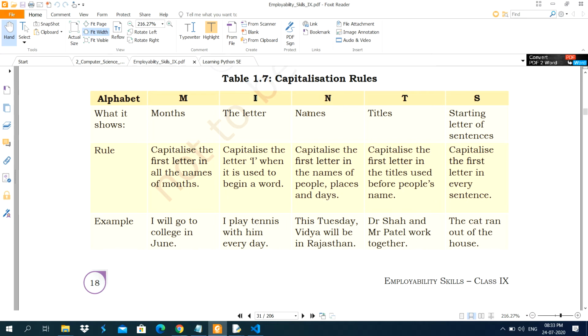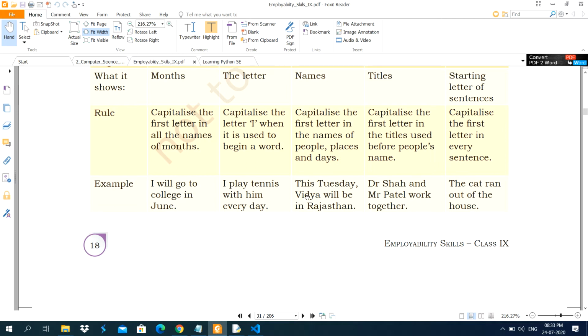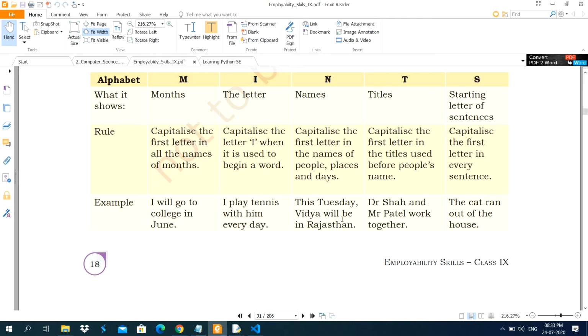Second is N. N is for names. Capitalize the first letter in the names of people, places and days. Example, this Tuesday Vidya will be in Rajasthan. T is for titles, and the rule is capitalize the first letter in the titles before a person's name.